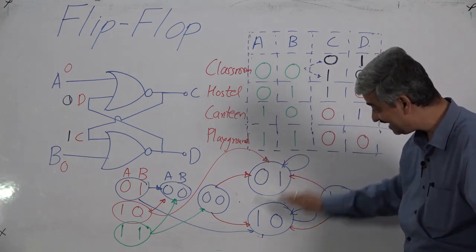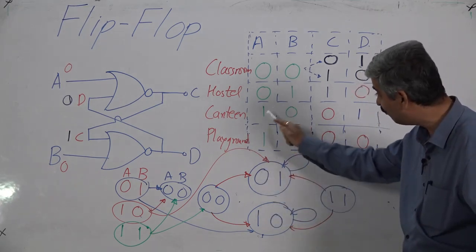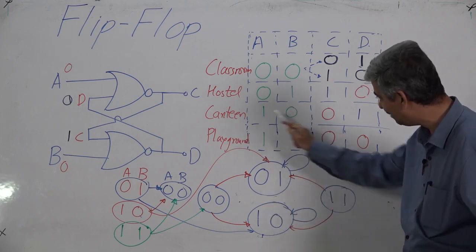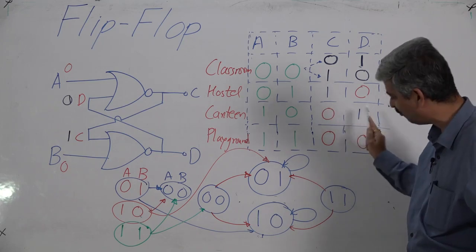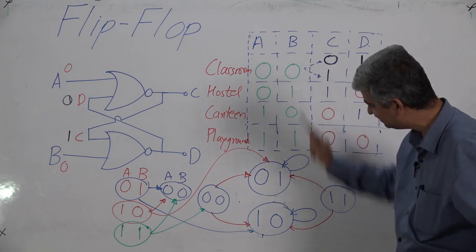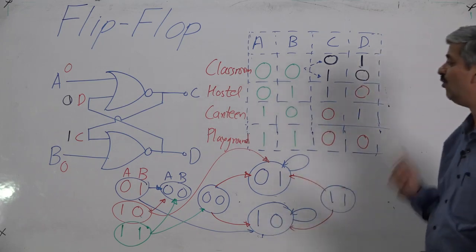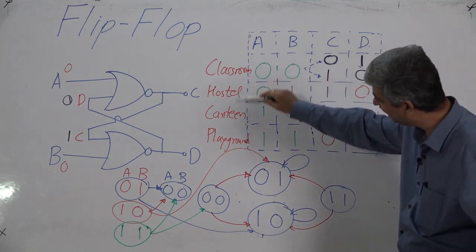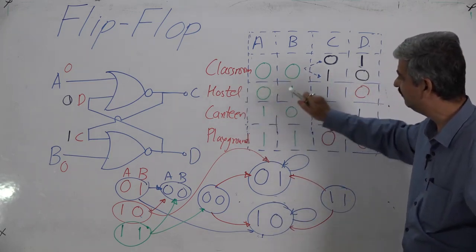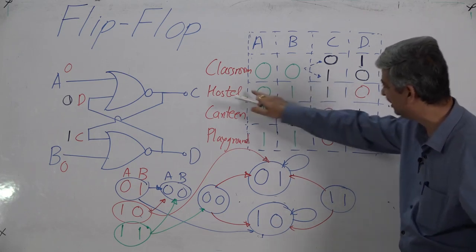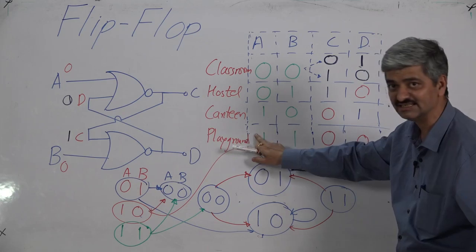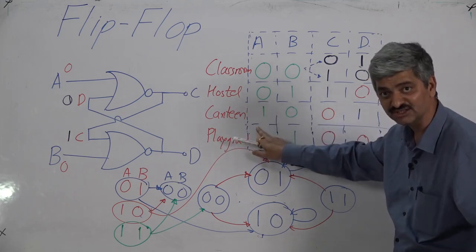These are the possible states when A and B are 1, 0, C and D are 0, 1. When A and B are 0, 1, C and D are 1, 0. So, these three are fixed. Now here there is no option, there is only one output. So, these three are unique output cases, unique input combinations.